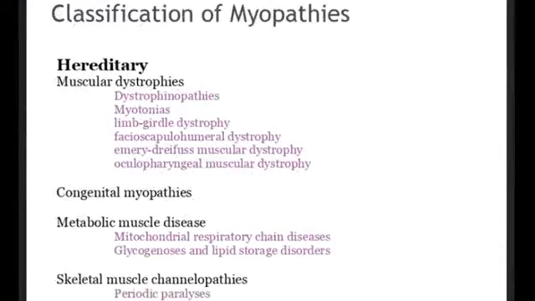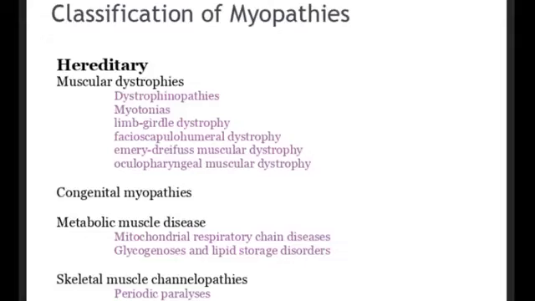Now, classification of myopathies. Hereditary: muscular dystrophies, dystrophinopathies, myotonia, limb-girdle dystrophy, facioscapulohumeral FSH, Emery-Dreifuss muscular dystrophy, and oculopharyngeal muscular dystrophy. Other types of hereditary myopathy are the congenital myopathies, and then metabolic muscle diseases like mitochondrial respiratory chain disease, glycogenosis and lipid storage disorders.